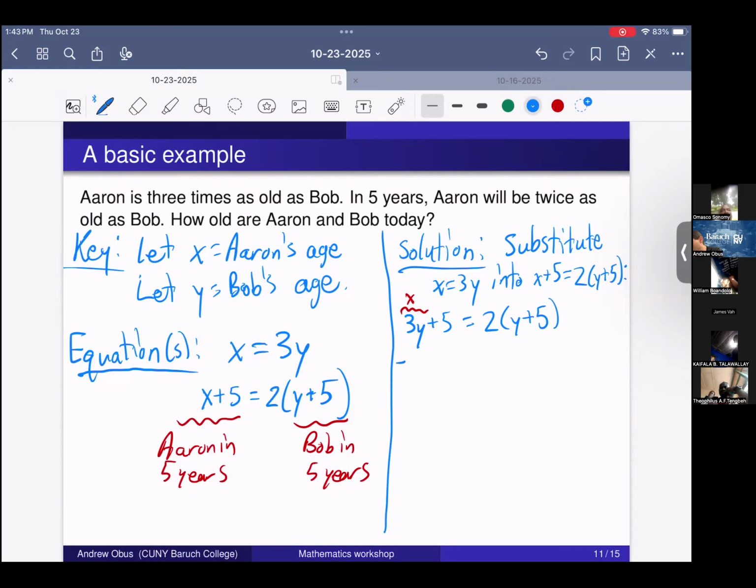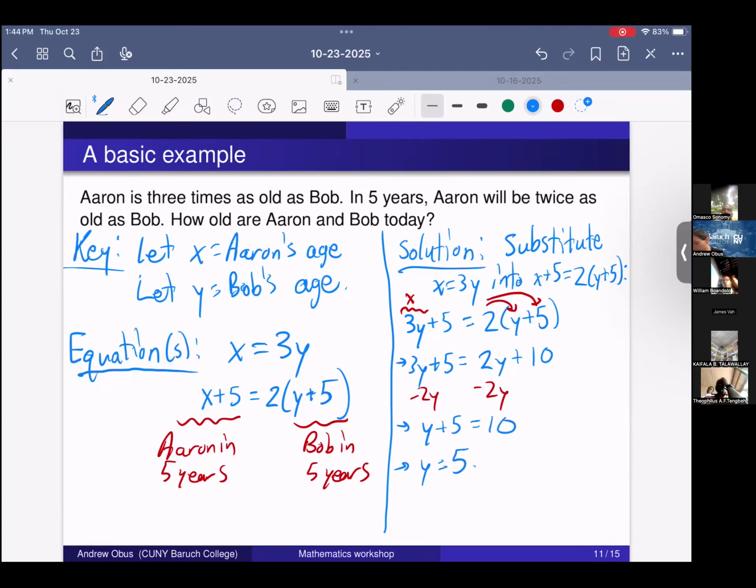And now you just solve this like a standard equation. 3y plus 5 equals, well, 2 times (y plus 5) is 2y plus 10. Right? We distribute the 2. And now if I subtract 2y from both sides, we get y plus 5 equals 10, and that's going to give you that y is equal to 5.